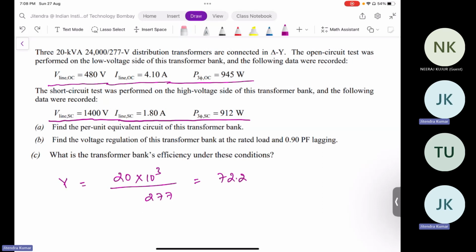So if 320 kVA is given, then 72.2 ampere is the rated value of the current, and here we are dealing with 1.8 ampere of current. So basically, this loss is not at the rated value; it is at some percentage of the load, and that percentage will be 1.8 divided by 72.2, right?